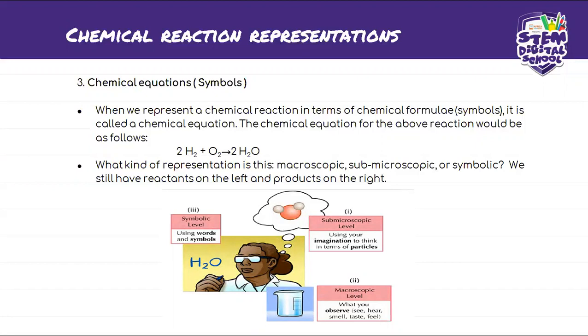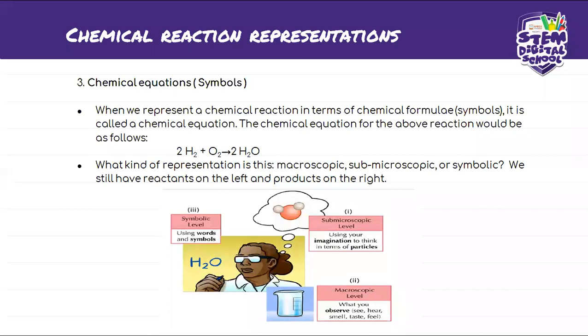Now, after you have done that, you have to make sure that the equation is balanced. Remember in the previous slide, we said that when substances or atoms, compounds or molecules react together, the atoms before and after are equal. So how do we do that?